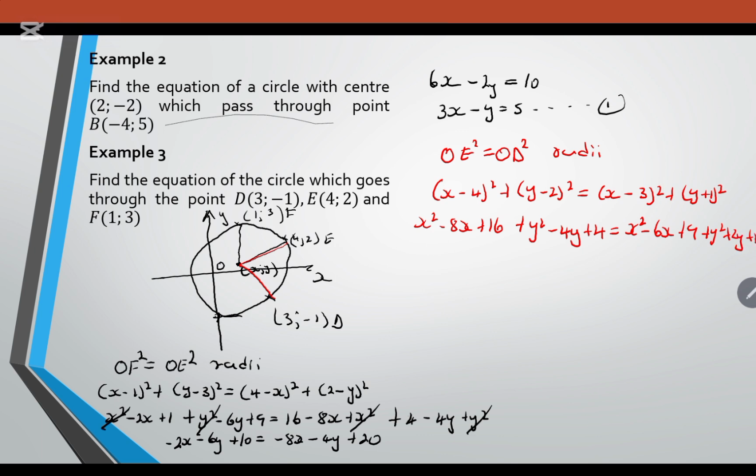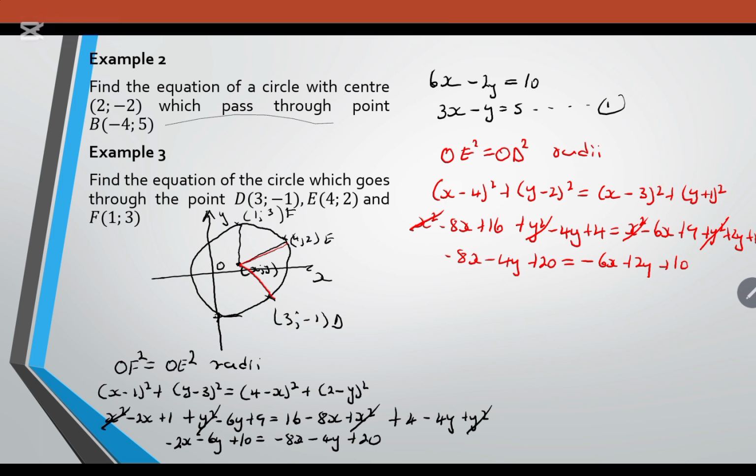And then x squared minus x squared is 0, y squared minus y squared is 0. On the left hand side, we are left with negative 8x minus 4y plus 20 equal to negative 6x plus 2y plus 10.